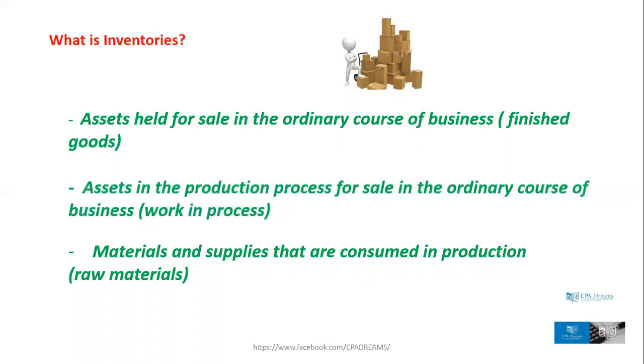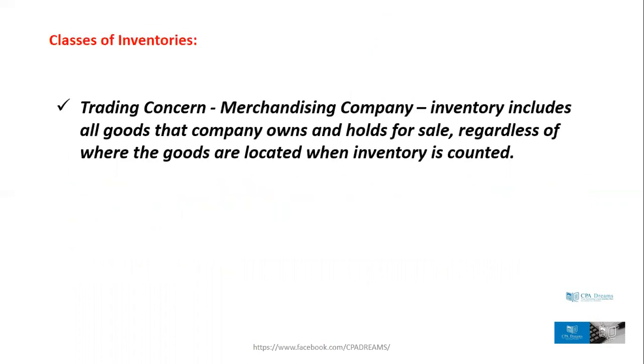Let's go to some classes of inventories. If you are a merchandising company, from a trading concern point of view, inventory includes all goods that the company owns and holds for sale, regardless of where the goods are located when inventory is counted.